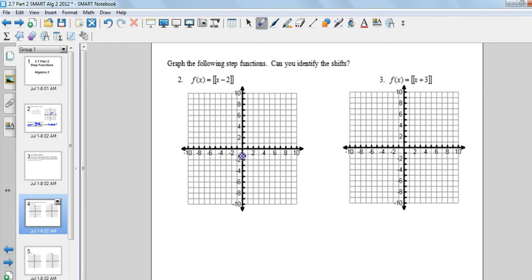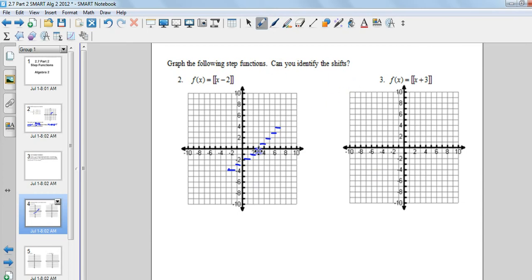It's going to be tough for me to graph this on my tablet. So it's going to step up like this and then step down like this. And it continues, but I'm going to stop there because it's almost painful for me to do this on the tablet. But the next part of the directions says, can you identify the shifts?